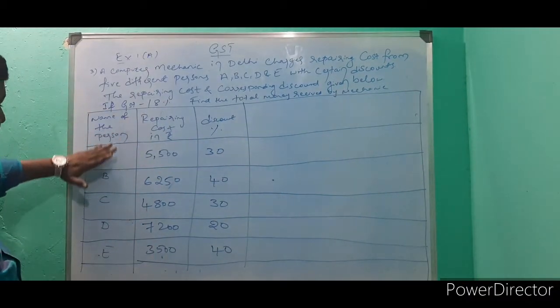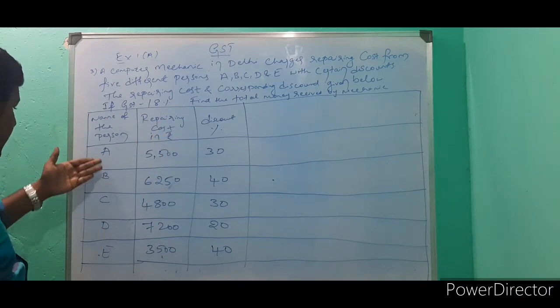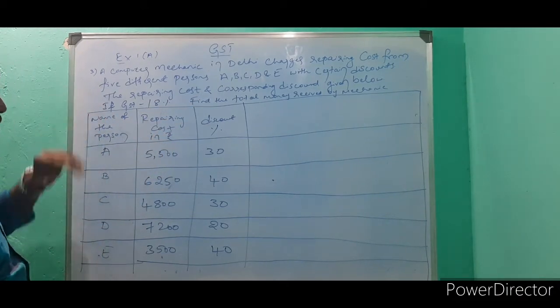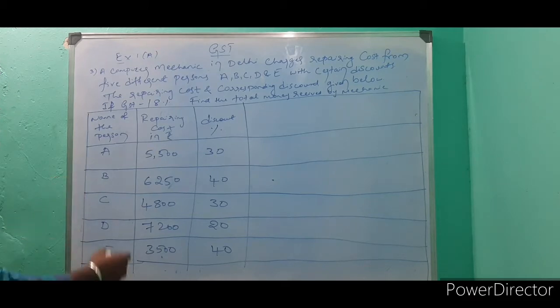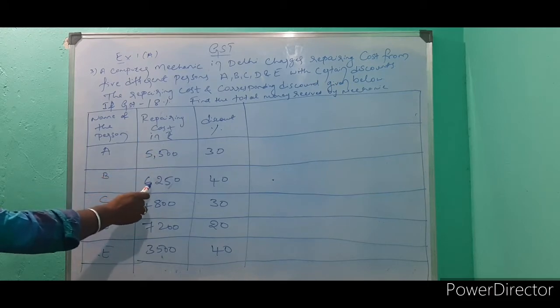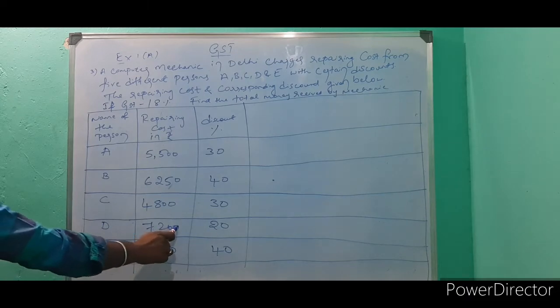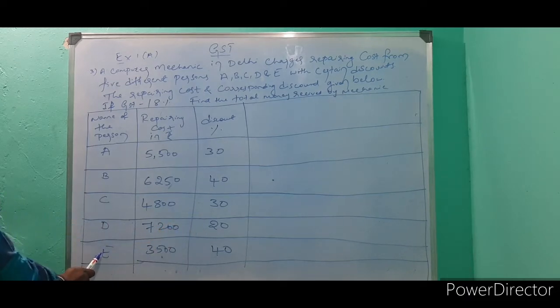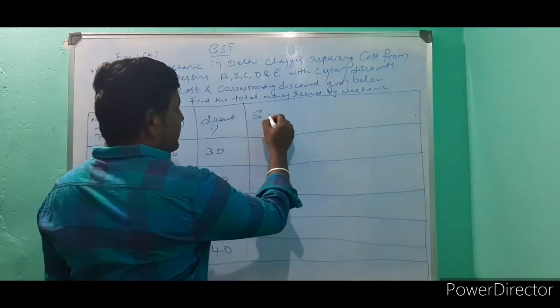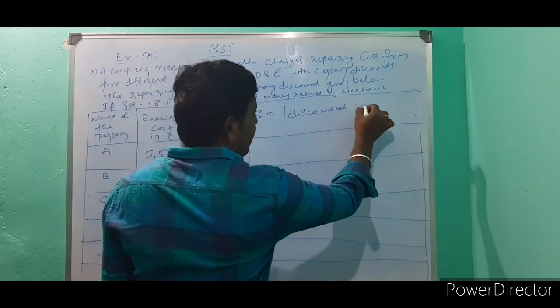So here there are different persons. This mechanic repairs the computers of A, B, C, D, E, and the repairing cost is 5,500 for A, 6,250 for B, 4,800 for C, 7,200 for D with discount 20%, and 3,500 for E with discount 40%. Now we want to find the selling price, the discounted value.